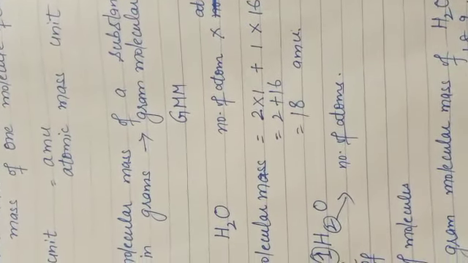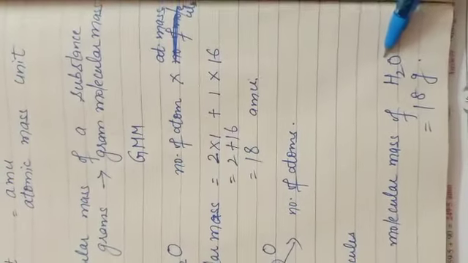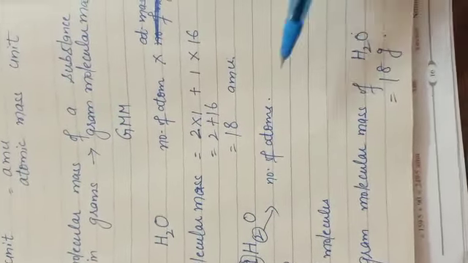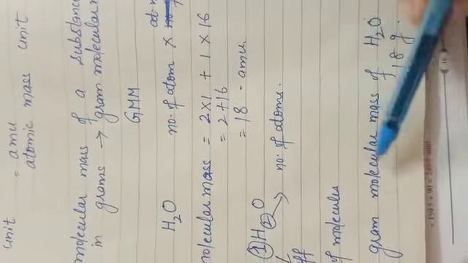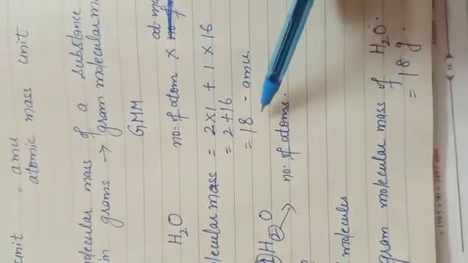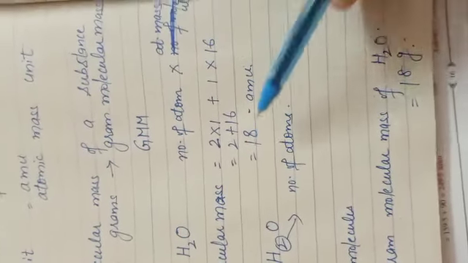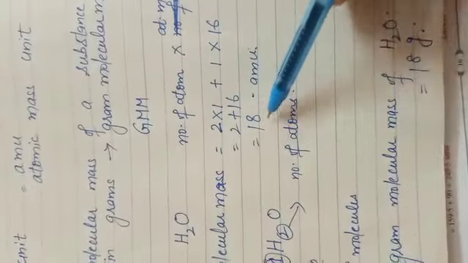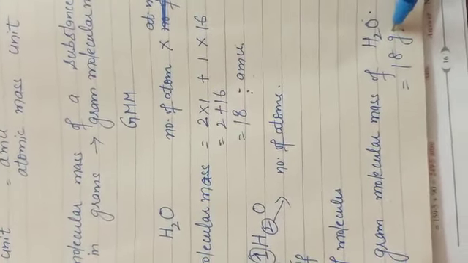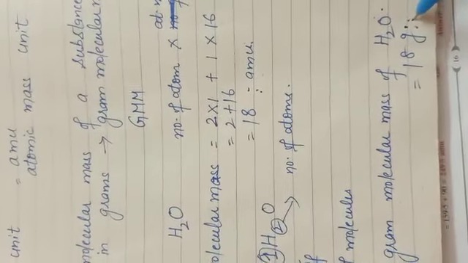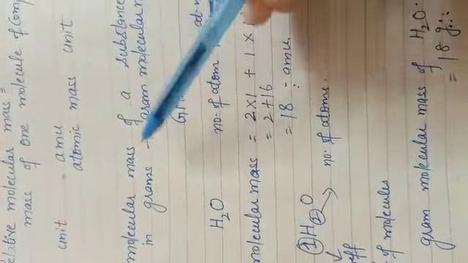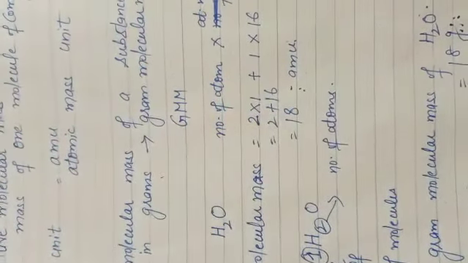So if I want to write the gram molecular mass of water, it is 18 grams. The method to calculate gram molecular mass is the same, only the difference is that we'll use the unit gram. So now we know what gram molecular mass is. It is the molecular mass of the substance in grams.